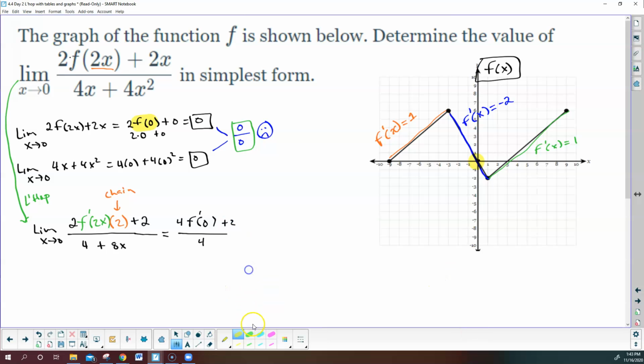And now comes the whole reason why we have this graph: we need the slope at 0. So here is the spot where 0 is. What is the slope? Any part on this blue line has a slope of -2. Rise over run.